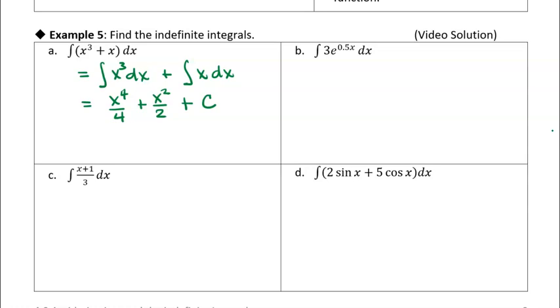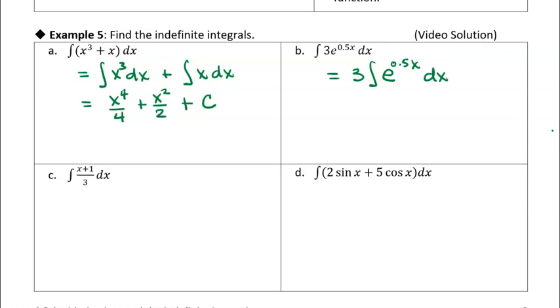Here we have a constant multiple of an exponential function, right? So I can rewrite that as 3 times the integral of e to the 0.5x dx.